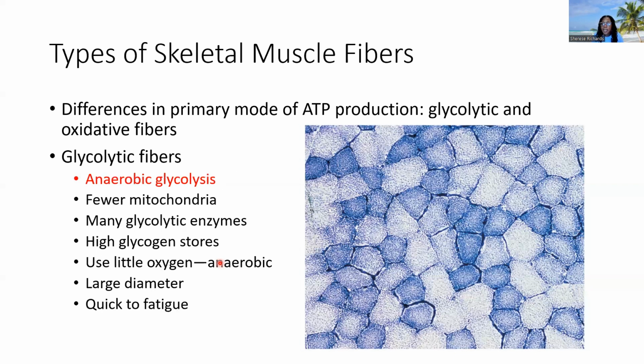Alternatively, when we think about glycolytic fibers, think about your bodybuilder, right? Think about your power lifter who is, again, conditioning their muscles, but in a different way, conditioning their muscles to rely on anaerobic glycolysis. This is why bodybuilders' muscles get really big and bulky, because the fibers are allowed to get so big because they no longer have to rely on the diffusion barrier, because they don't have as much of a requirement for oxygen.